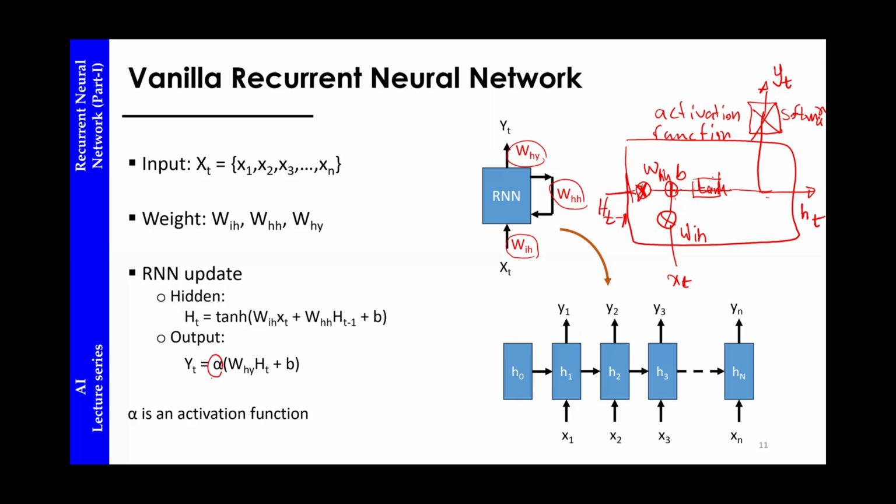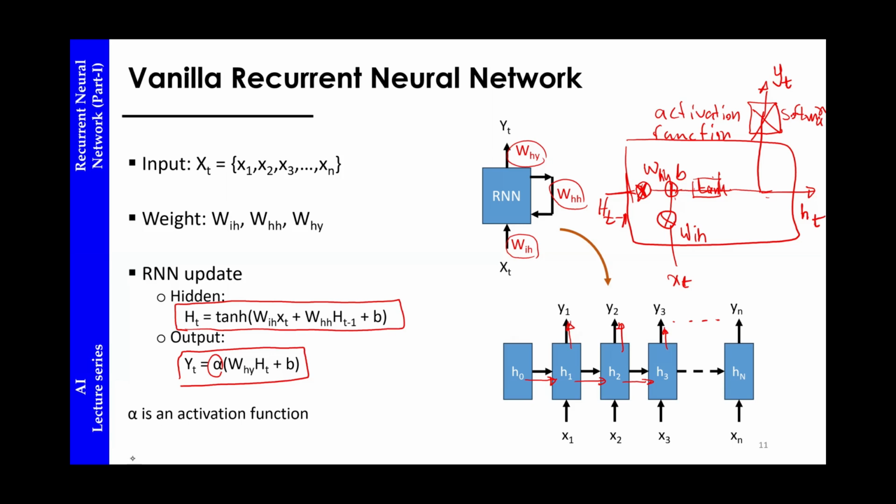Here, this alpha, for example, could be softmax. As you see, the output of each hidden layer transfers to the next hidden layer, and each hidden layer can have one output of y1, y2, y3 up to yn. Mathematically, the hidden layers are shown with this equation, and the outputs of the hidden layers, the y's I mean, are shown with this equation.